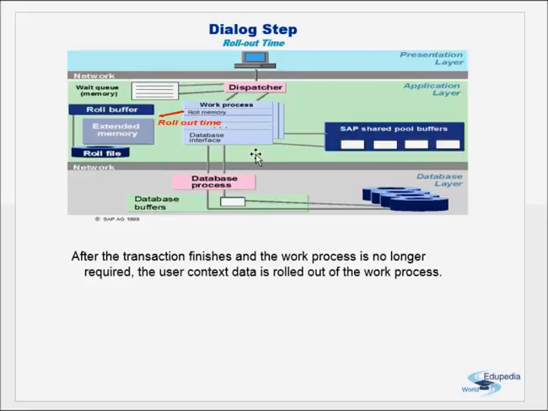So now your task has been completed and the response has been sent back to the user, the client. Then whatever user context is there in the work process is rolled out again into the roll buffer. That component is known as the roll out time.